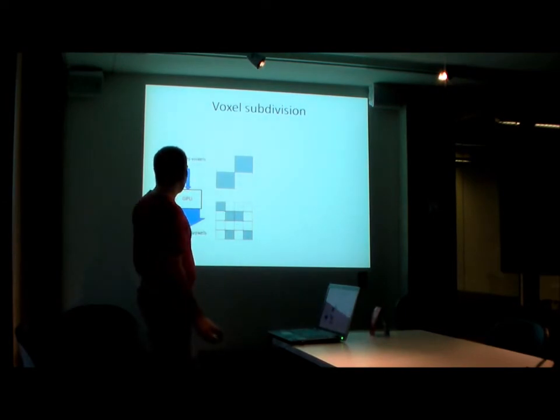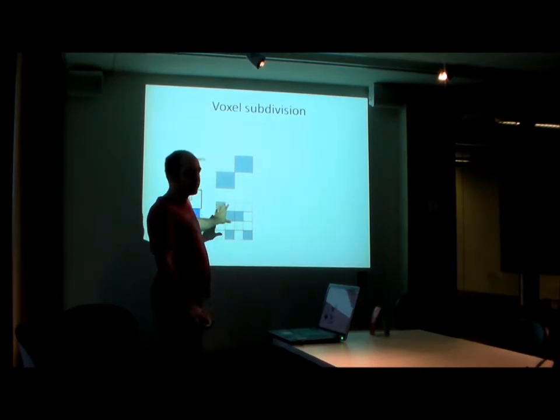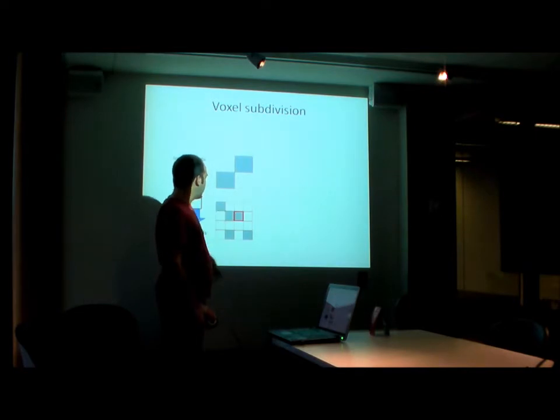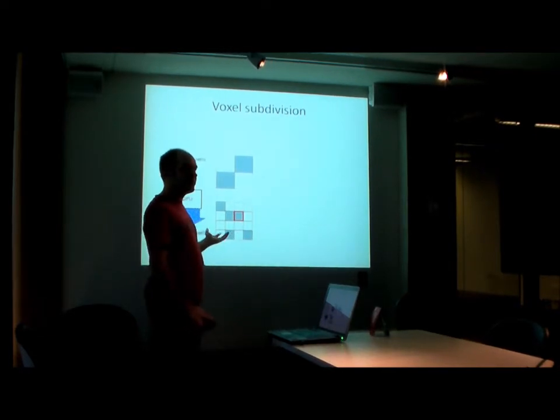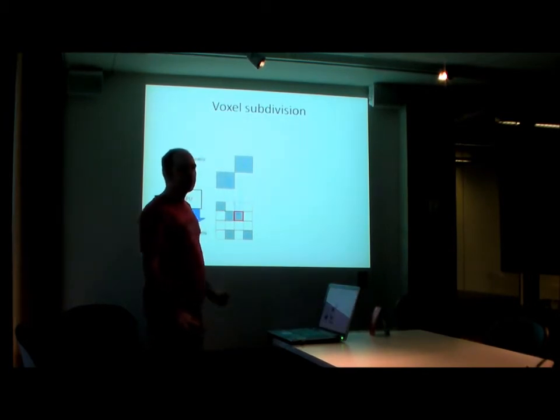A subdivision algorithm takes that low resolution data and builds some high resolution data out of it. So if you think of a particular square here, how does it know whether to be on or off? Well, it uses an algorithm based on the low resolution data and the nearest parents, you could say.